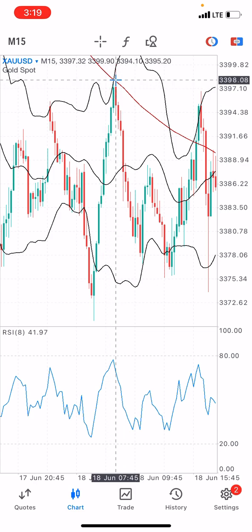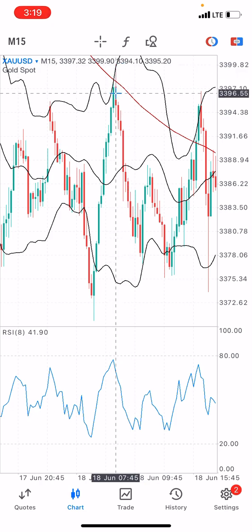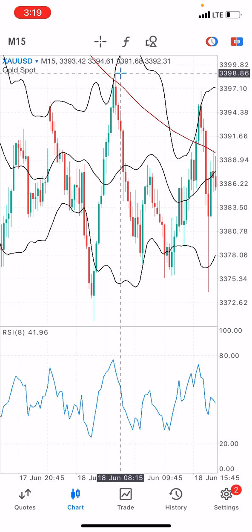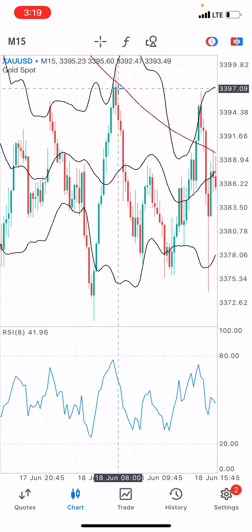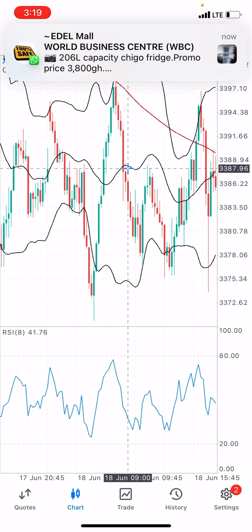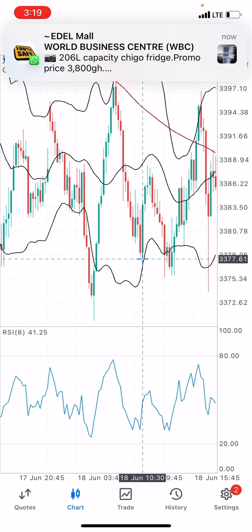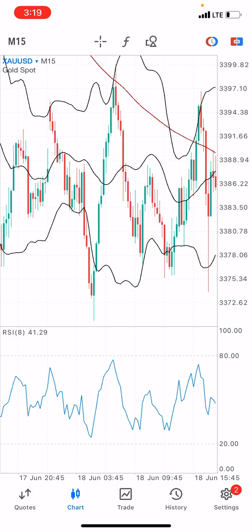You see the point here, and then set your TP just below the first bearish candle that forms. Your first take profit should be when price touches the second band, and when price touches the third band, you exit the trade. So that is the first example.